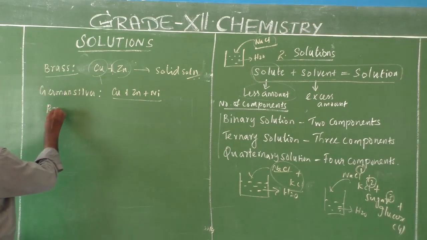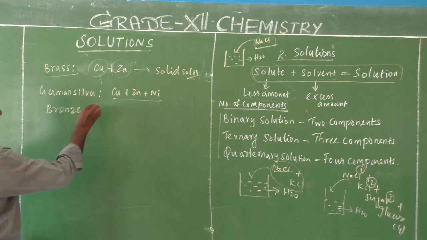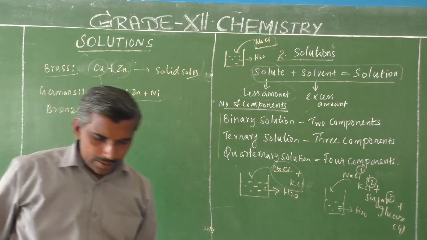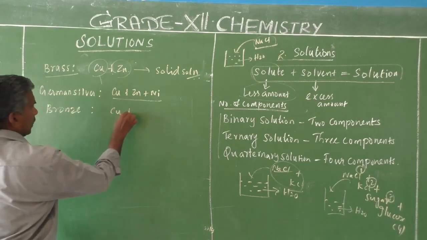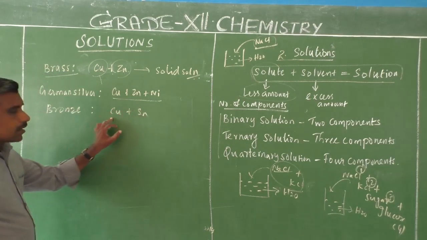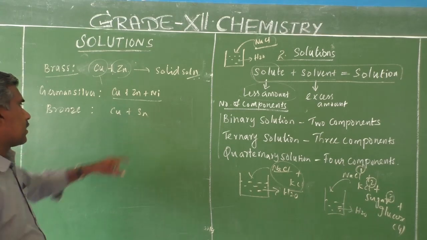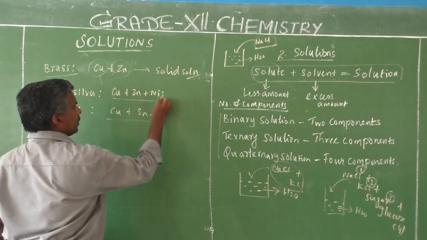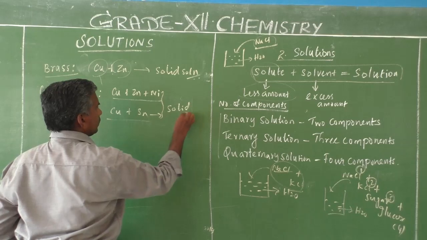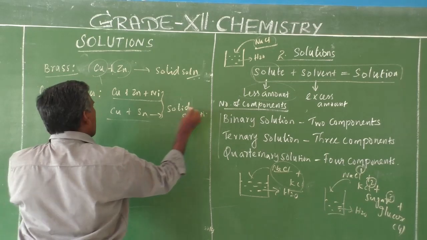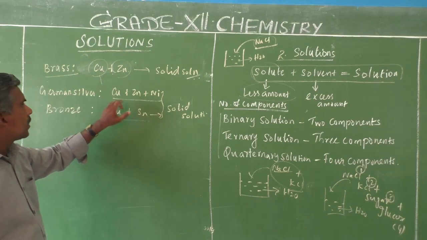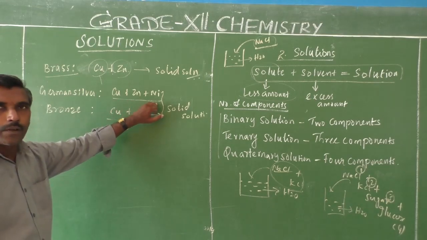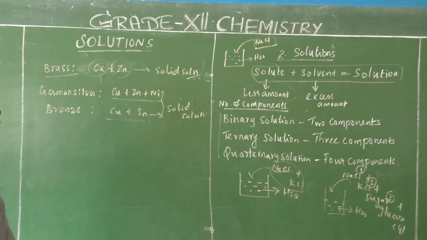Now bronze, which you already studied in the lower section. That is copper and tin. These metals mixed form a solid solution. This is also a solid solution, because the components, copper and tin, or copper, zinc and nickel, are solids mixed in a molten form.